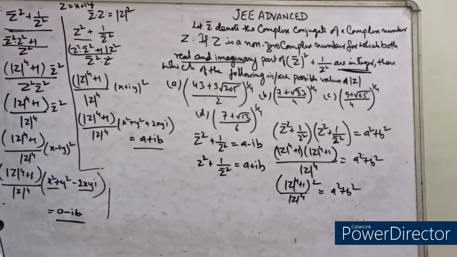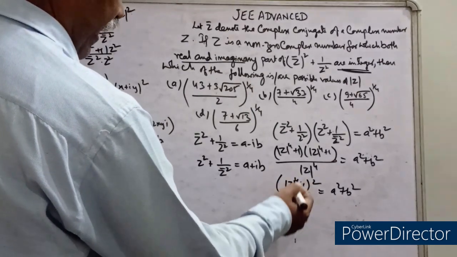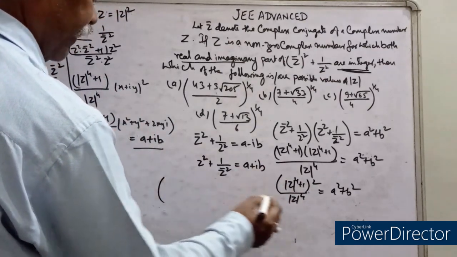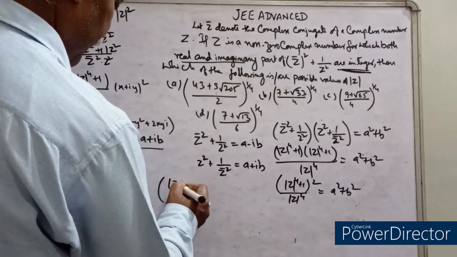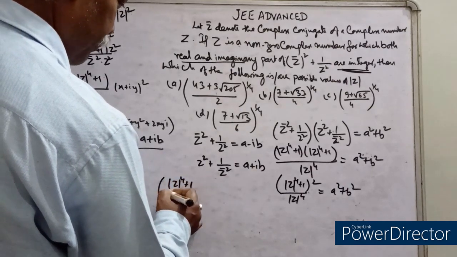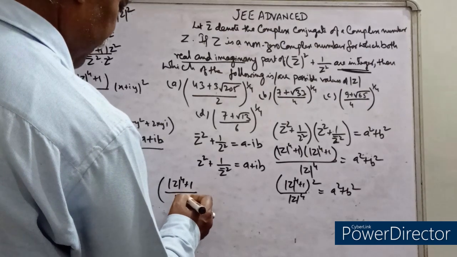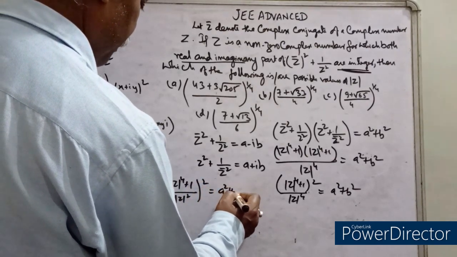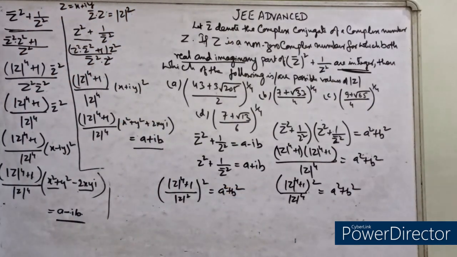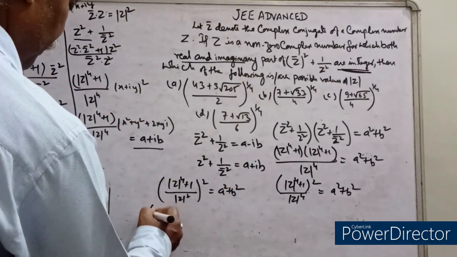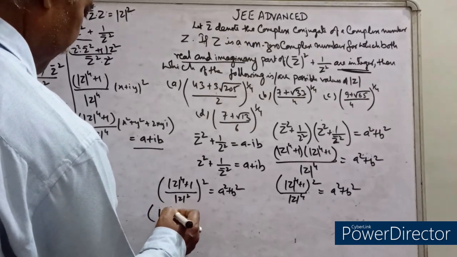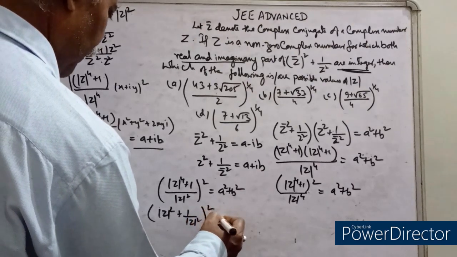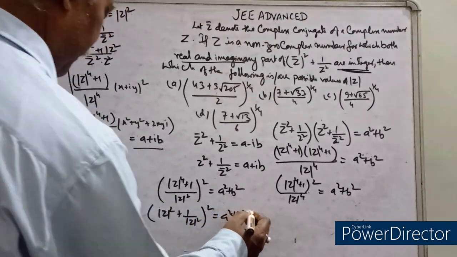Here again, if I enter this Z⁴ inside this bracket, it will be somewhat like this: (modulus Z⁴ plus 1) by modulus Z square, the whole square is equal to A square plus B square. Now if I divide by this LCM, it will be (modulus Z square plus 1) by modulus Z square, the whole square is equal to A square plus B square.